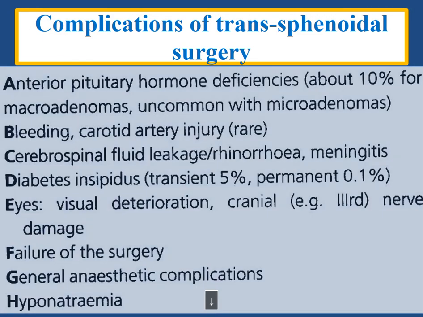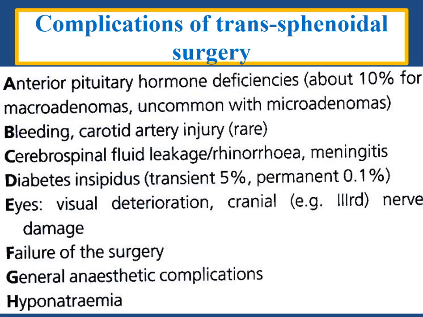Complications of transsphenoidal surgery. Anterior pituitary hormone deficiency is about 10% for macroadenomas, uncommon with microadenomas. Complications also include bleeding, carotid artery injury, cerebrospinal fluid leakage and rhinorrhea, meningitis, and diabetes insipidus.